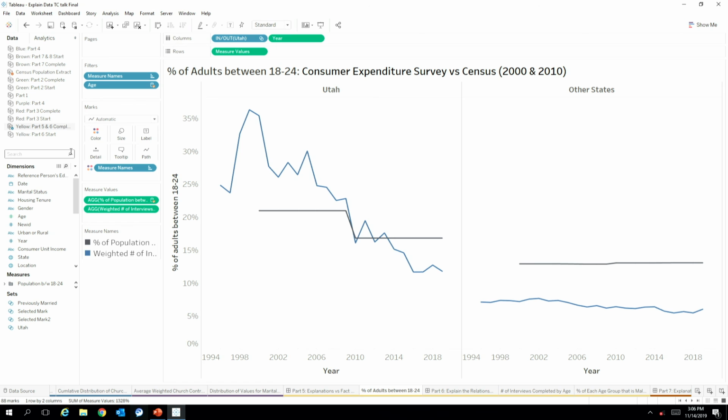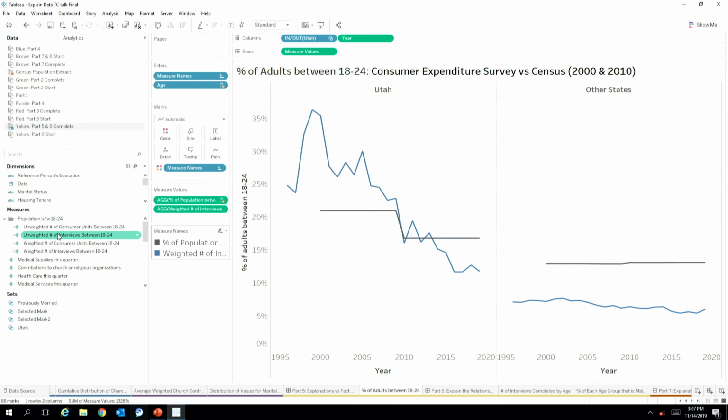Now, another thing I wanted to look at is the number of records. In this data source, when a person participates in the survey, they actually take up to 5 different interviews. If you look at the percentage of households instead of the percentage of interviews by age group, you'll see a very interesting thing.